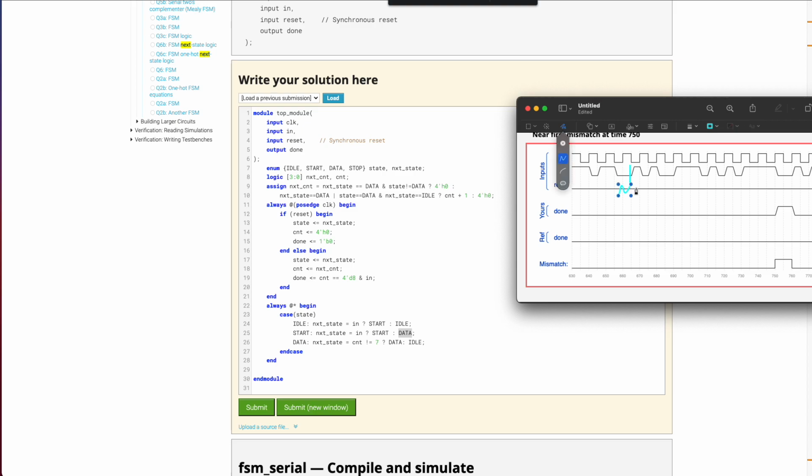So next count is 1 here. So next count is 0 here. So next count is 1 here only if we hit this case, meaning the next state is data and current state is data, or the state is data and the next state is idle.